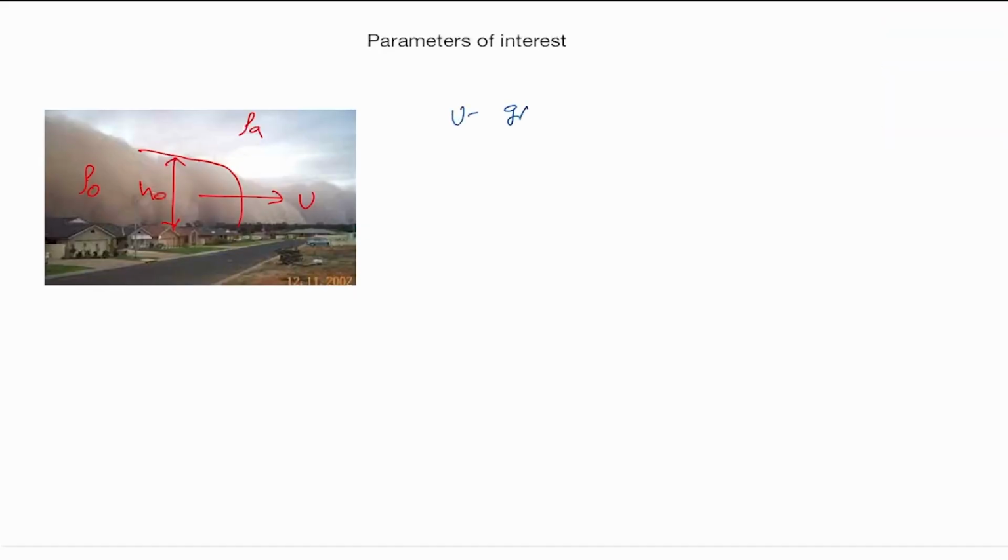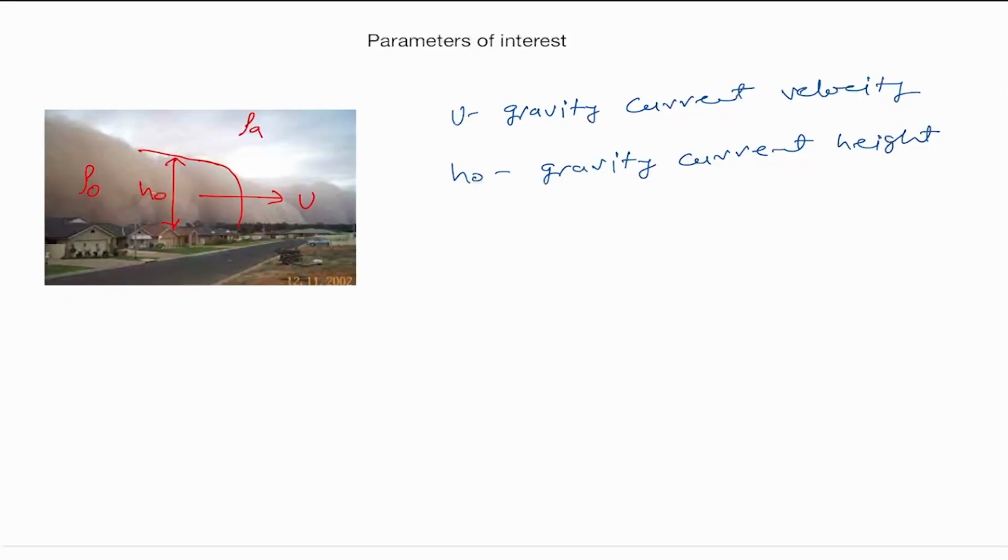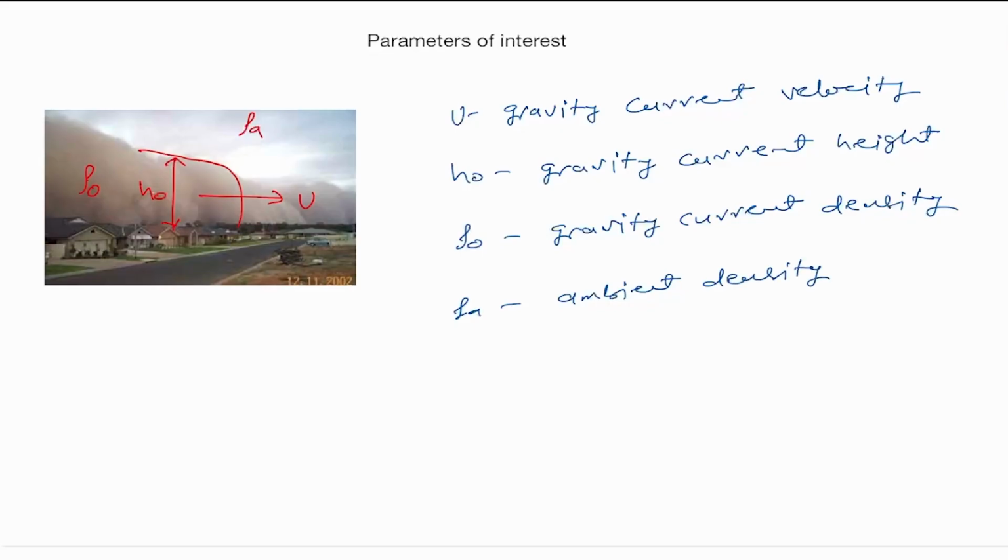U is the gravity current velocity, h naught is the gravity current height, rho naught is the gravity current density, and rho a here is the ambient density, right?